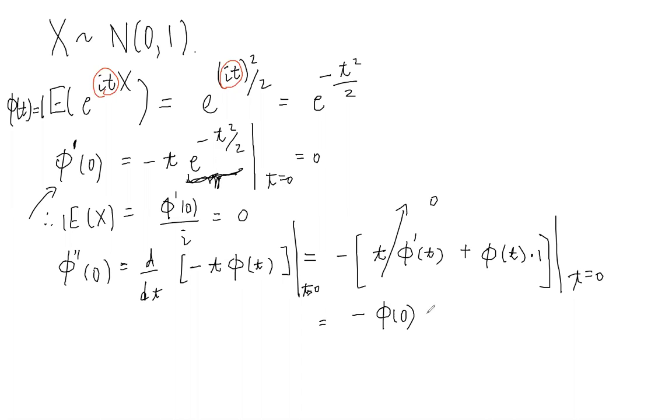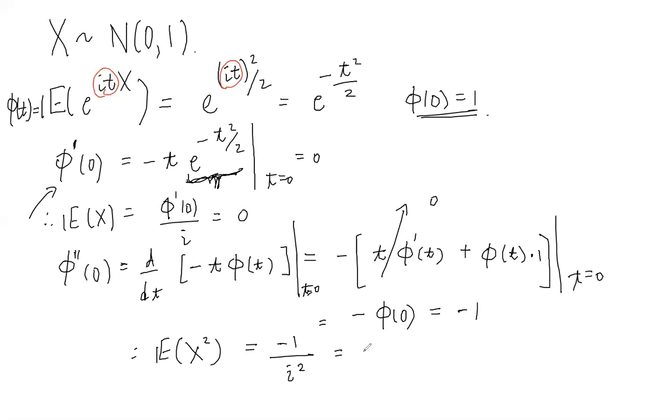So then you will get this thing, and this is basically just minus 1, because phi of 0 is 1. When you substitute in t equals 0, you get 1. And therefore, the second moment is the second order derivative of phi, which is minus 1 over i squared.